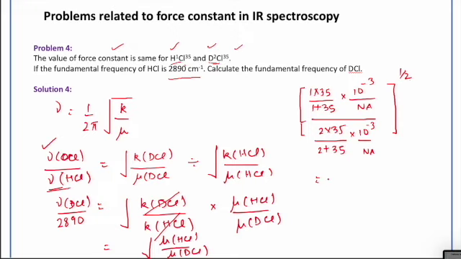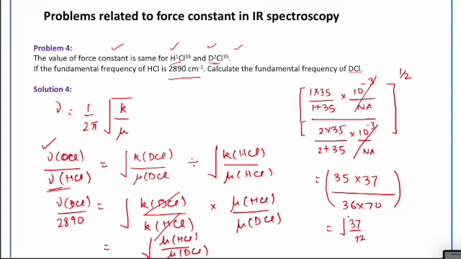So when I solve this, I simply get 35 into 37 because these two values get cancelled, and over 36 into 70, right? So the answer will be under root of 37 over 72, right?